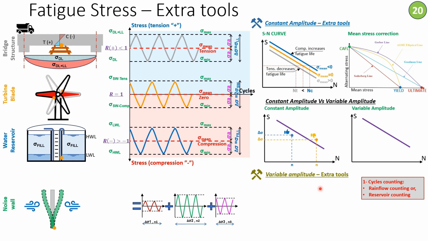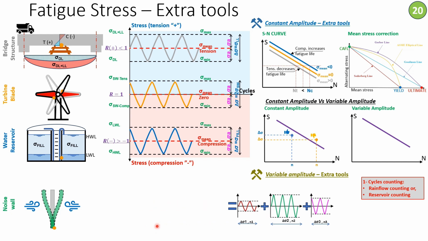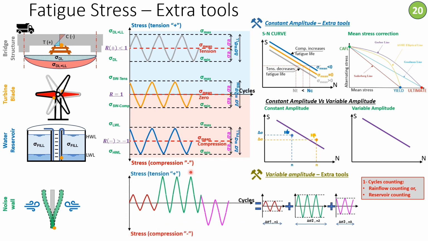And again, I'm not going into details, I'm just scratching the surface, and if you want to go deeper, that should be a good start for you. Okay, so cycle counting converts that random plot to a group of constant amplitude cyclic loadings, with a certain stress range for each, that happen over a certain number of cycles.